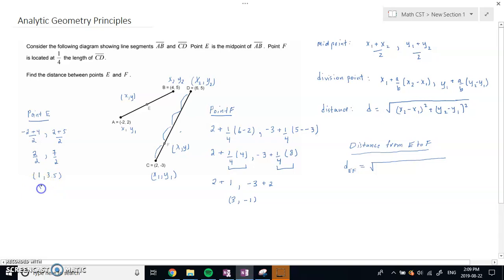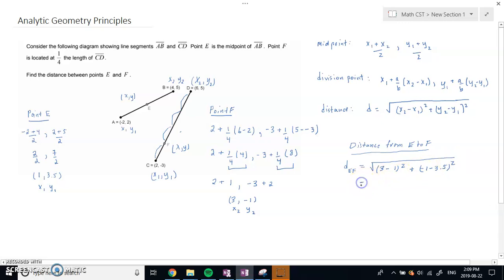So I'm going to label point E x1, y1, and point F x2, y2, and I'm going to plug it into my formula here for distance. So 3 minus 1 all squared, and then I'll do the same for the y's. Negative 1 minus 3.5 all squared under the root sign.